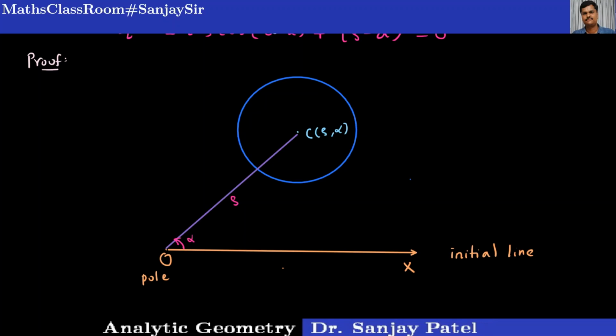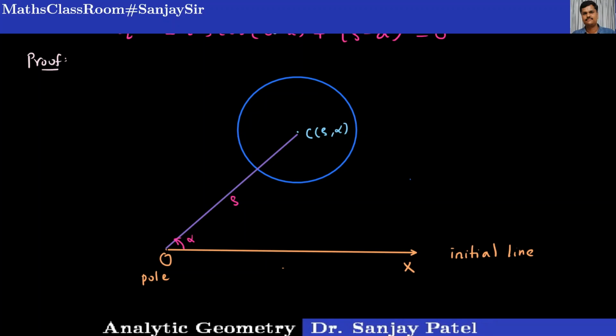Now to obtain the polar equation of this circle, we take a variable point on this circle. You know, in a Cartesian system, whenever you want to derive the equation of any object, you always take a variable point, say P of x comma y.